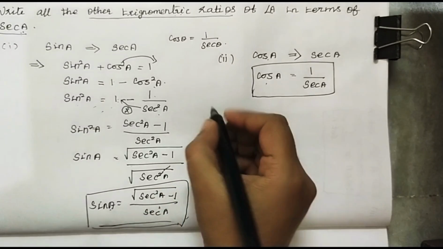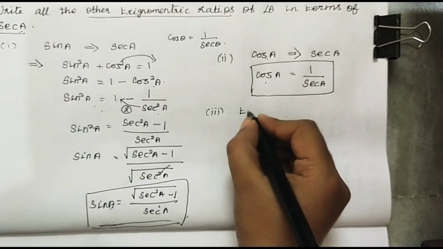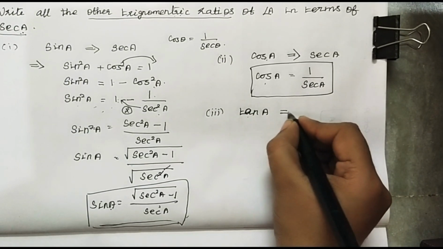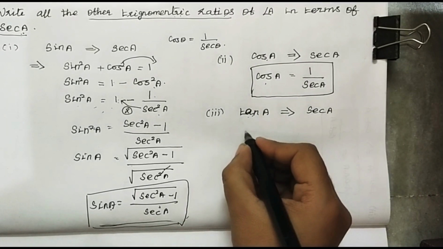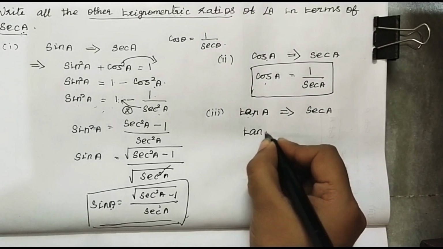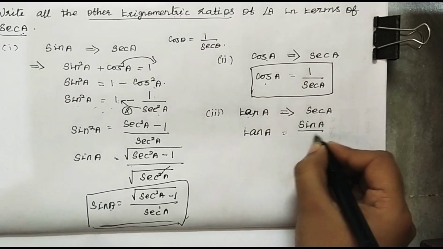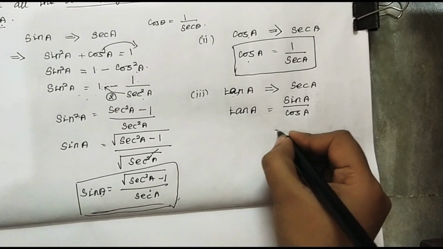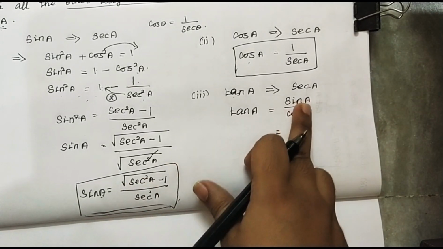The next one, third trigonometric ratio tan A. Tan A we have to change as secant A. For that we know very well, tan A we can write as sin A divided by cos A. Already we found the sin A value, so this value we can use here.